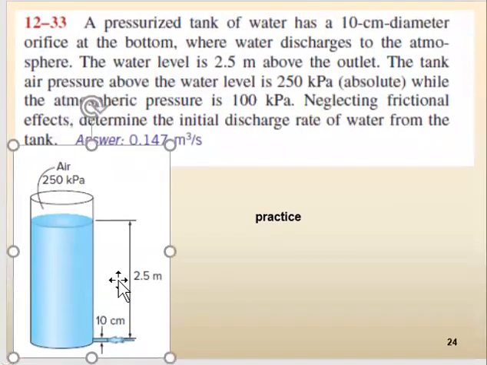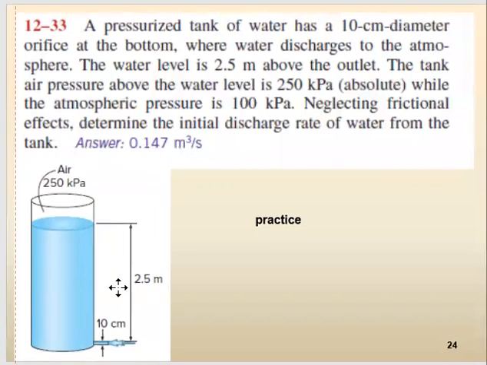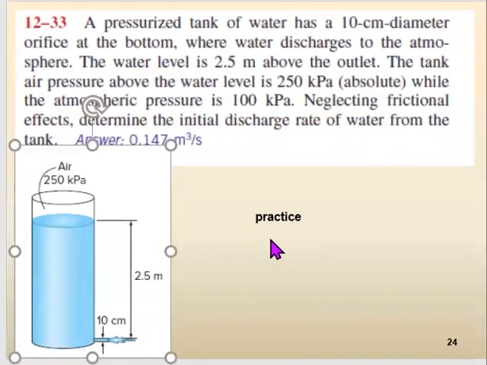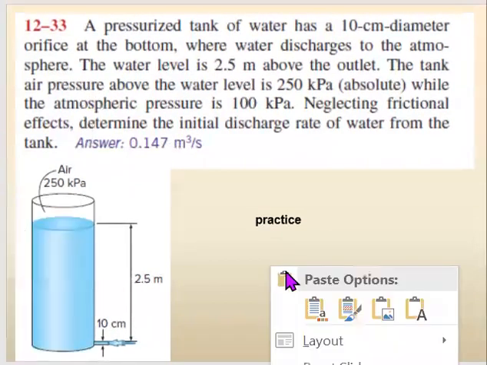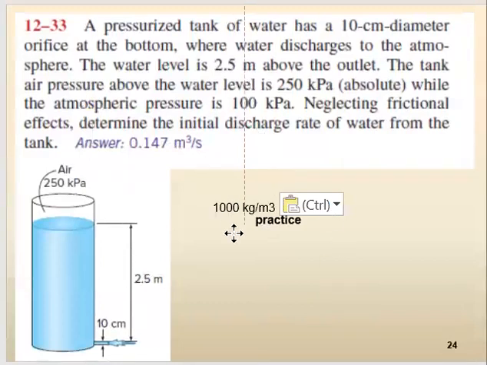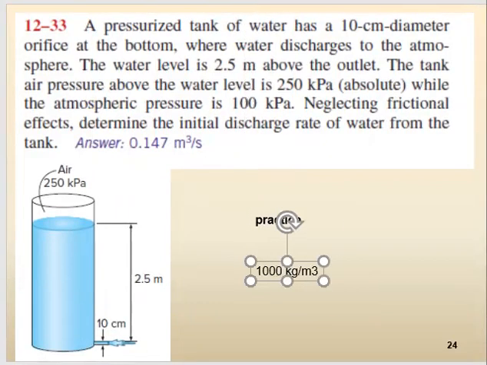So we don't have any frictional loss in here, and the flow is steady, incompressible, and with no frictional effects. So the Bernoulli equation is applicable. Also, the density that you want to use for the water in this problem is 1,000 kilogram per meter cube.